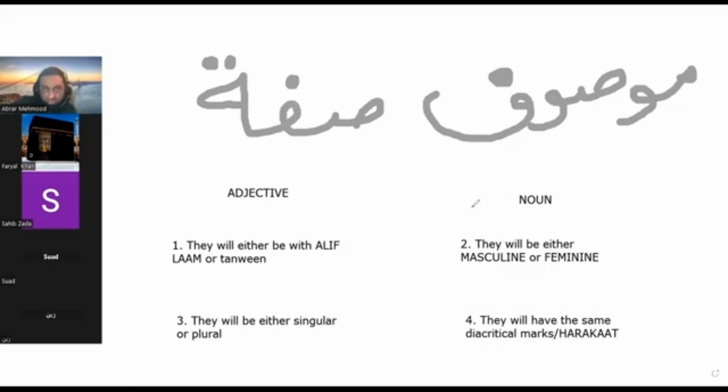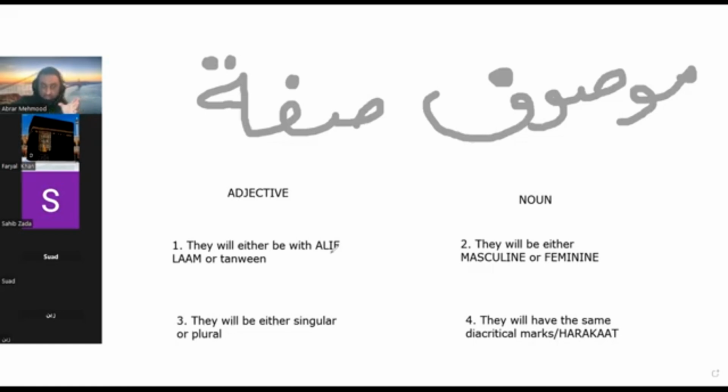So the new rule that we're learning is mawsuf and sifa, a noun and its adjective. They both have to be equal, or they have to have equality in 4 factors. Number 1, either they will both have alif lam or tanween.